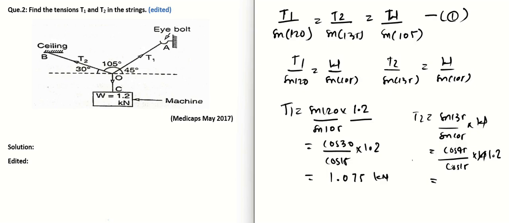So let us calculate this also. We have cos of 45 divided by cos of 15 into 1.2, which will give you 0.878 kilonewton as your force for T2.